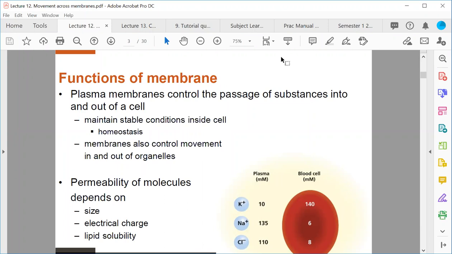So it could be that in the future ribosomes are termed organelles, and that whole definition of an organelle having to be surrounded by a membrane may actually change.